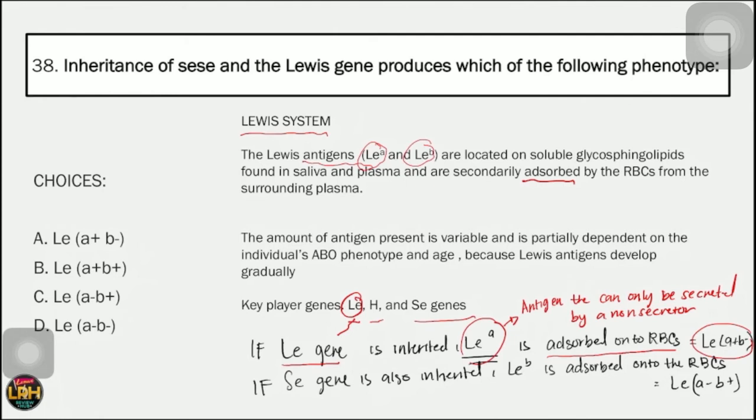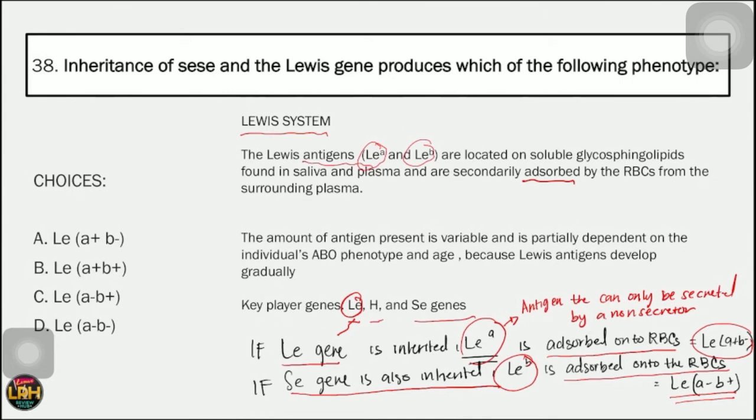If, on the other hand, the Se gene is inherited in addition to the Le gene, the Lewis transferase converts the available H soluble structure to Leb antigen. Therefore, this antigen would be adsorbed onto the red blood cells. Individuals inheriting both the Le gene and the Se gene would have a phenotype of Lea negative, Leb positive.